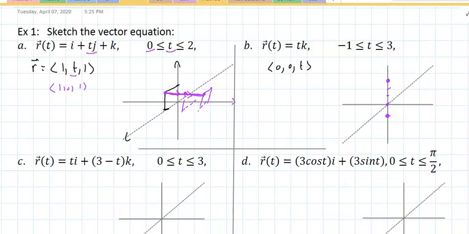So pretty much I'm just going to follow, and make sure that you mark the arrows. I should have done that more clearly here. There you go.